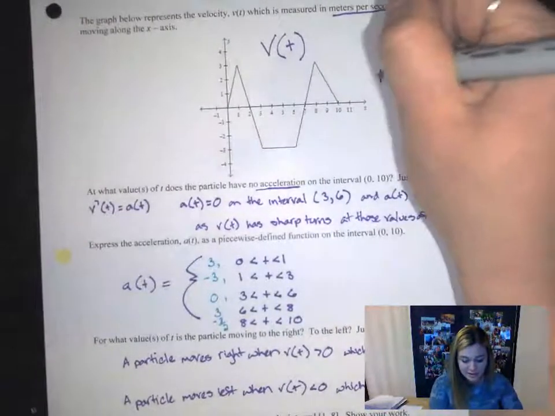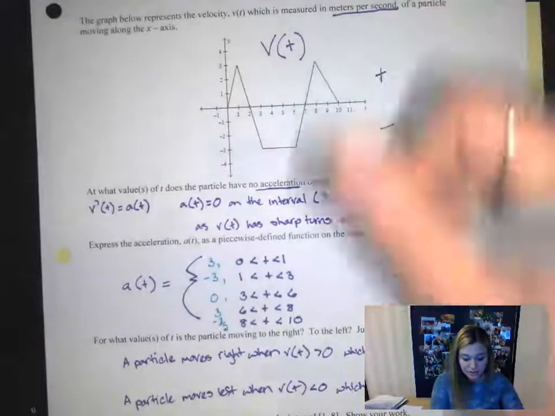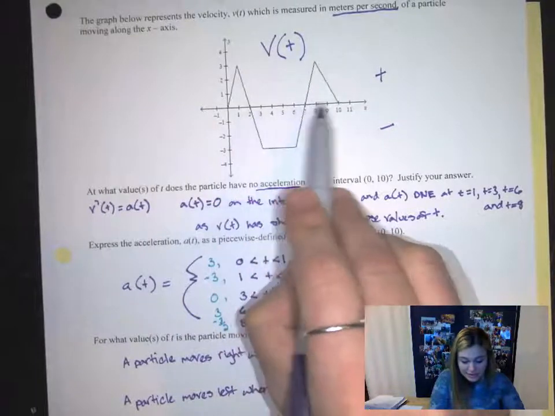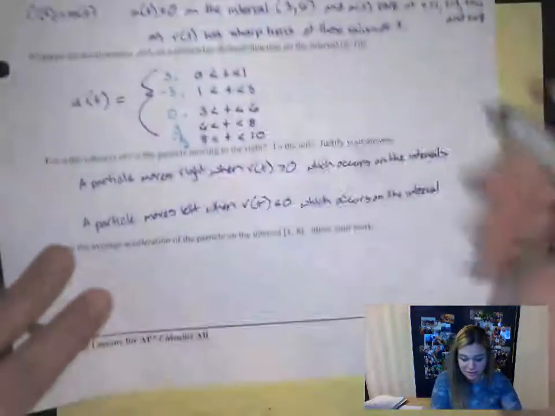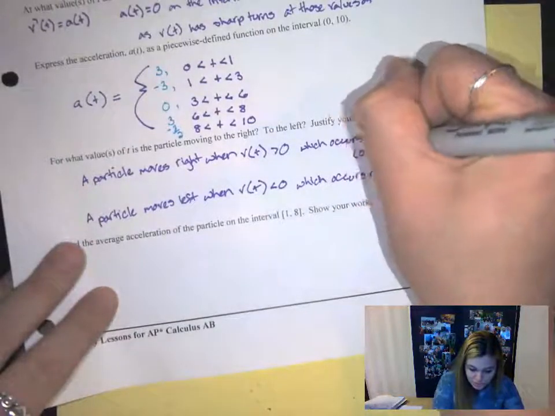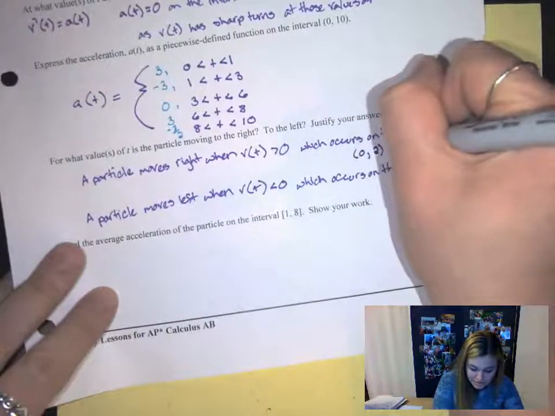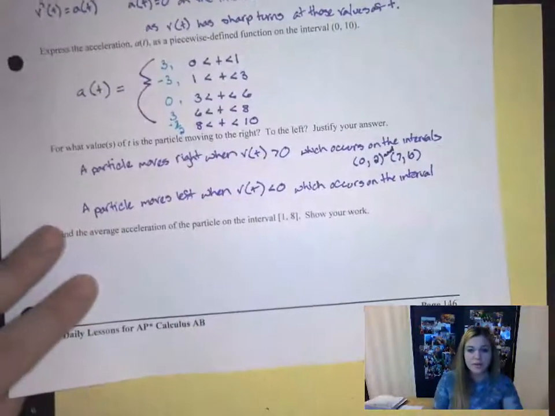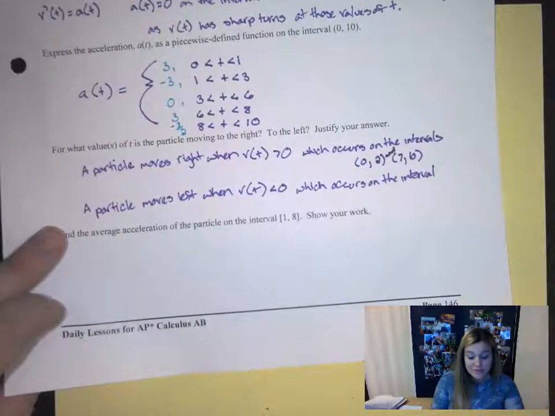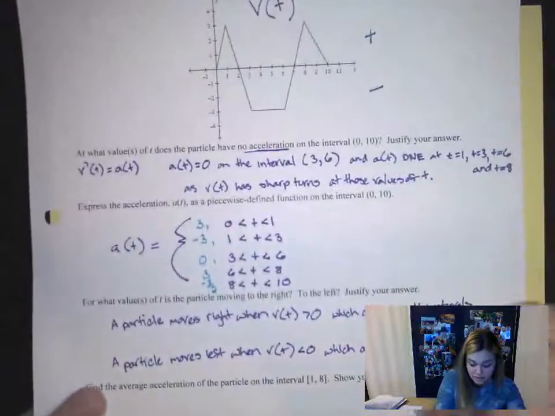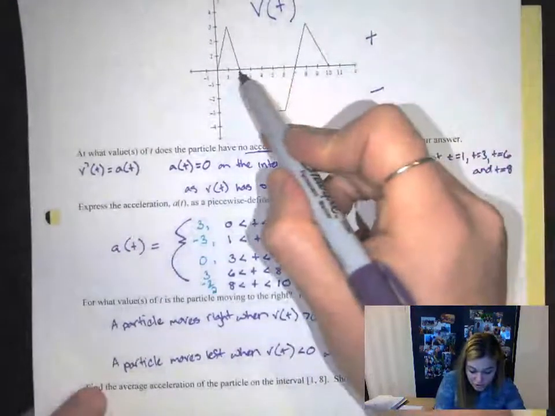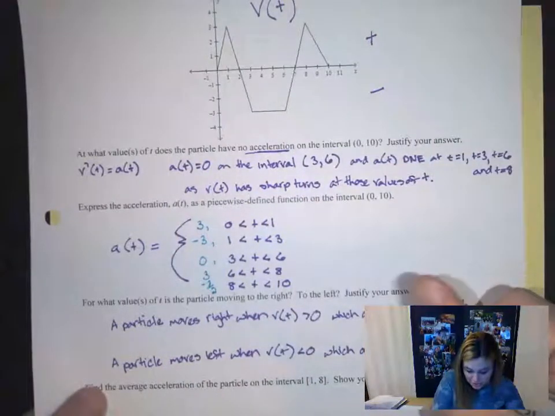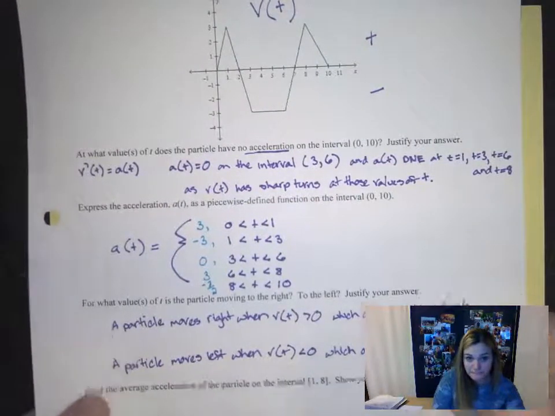So positive is above the x-axis, negative is below. So I'm looking from 0 to 2 and then 7 to 10. 0 to 2, 7 to 10. I'm just writing and. And the other one, when v of t is less than 0, it's only from 2 to 7. That's the places where v of t is below the x-axis. So 2 to 7.